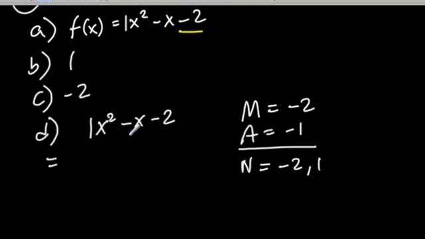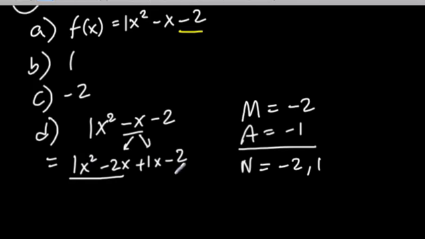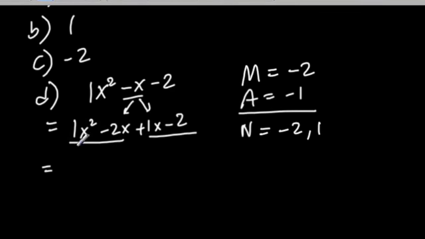Then the middle term splits, so it's 1x squared minus 2x plus 1x minus 2. You can group the first two and group the last two. If I factor this out, I simply get x minus 2.